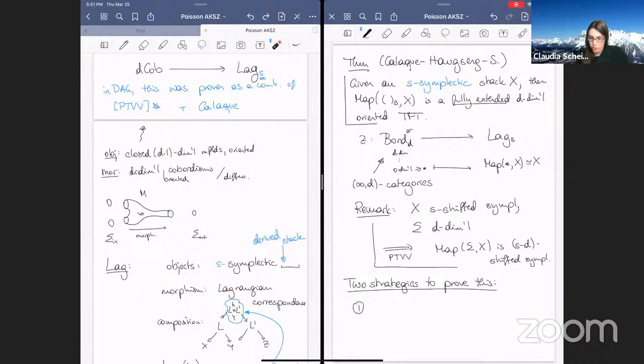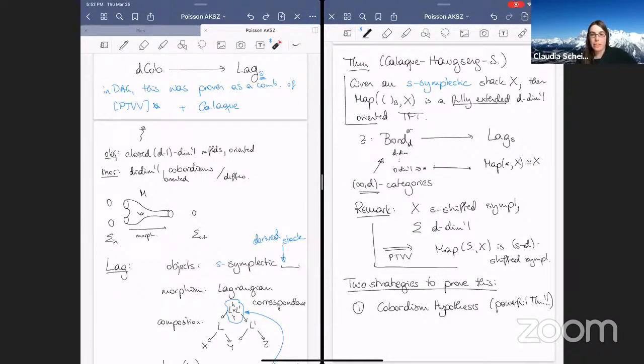The first one is to use a very powerful theorem called the cobordism hypothesis, which in its first form was formulated by Baez and Dolan for D categories. Then Lurie realized that one should use these infinity D categories, which I didn't explain to you, but I'm happy to tell you more about if you want.